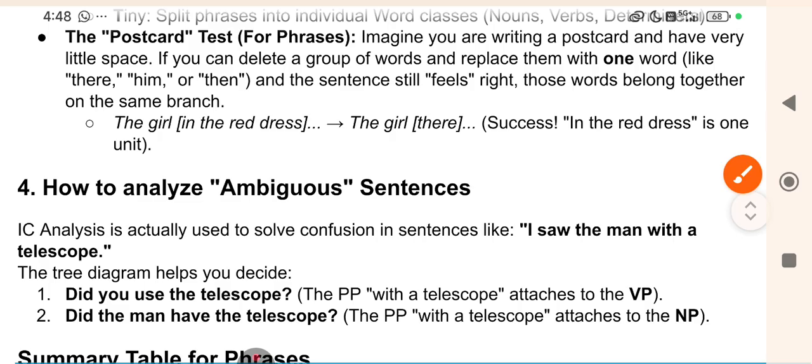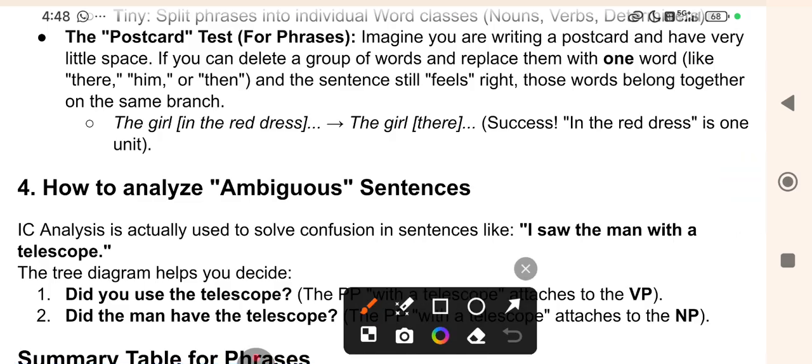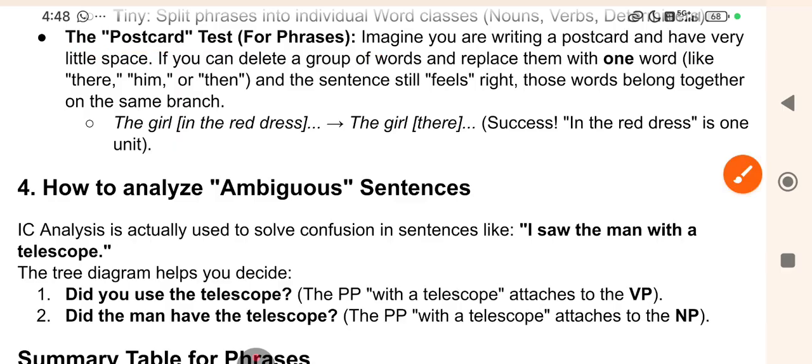The postcard test, what they are suggesting for phrases. Imagine you are writing a postcard, and nowadays no one writes, right? Manual writing has almost disappeared. But imagine you are writing a postcard and have very little space.